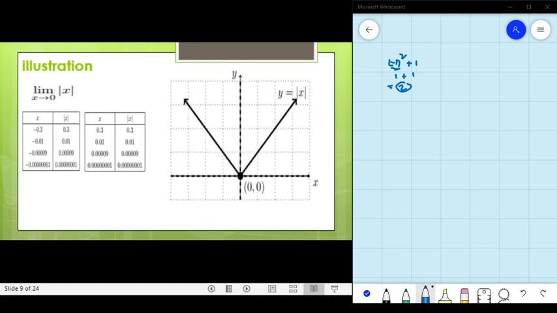And then, if we are going to draw the graph, when x is 0, y is 0. When x is 1, y is 1. When x is negative 1, y is 1.